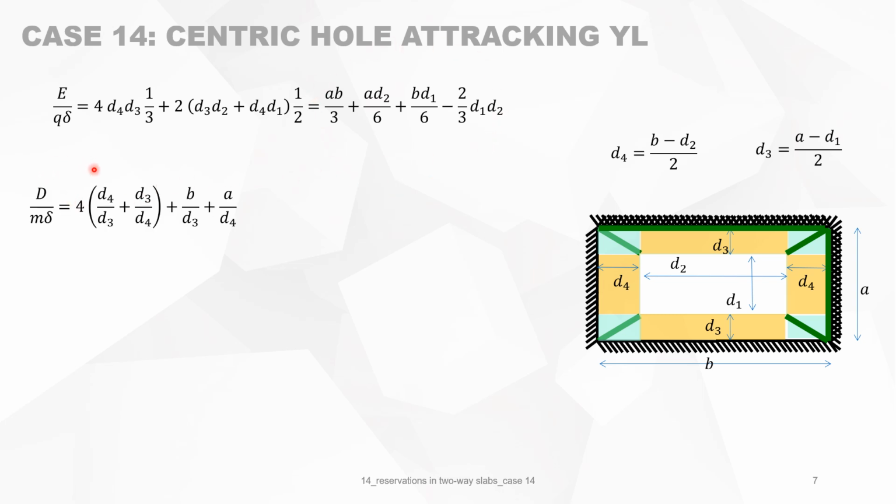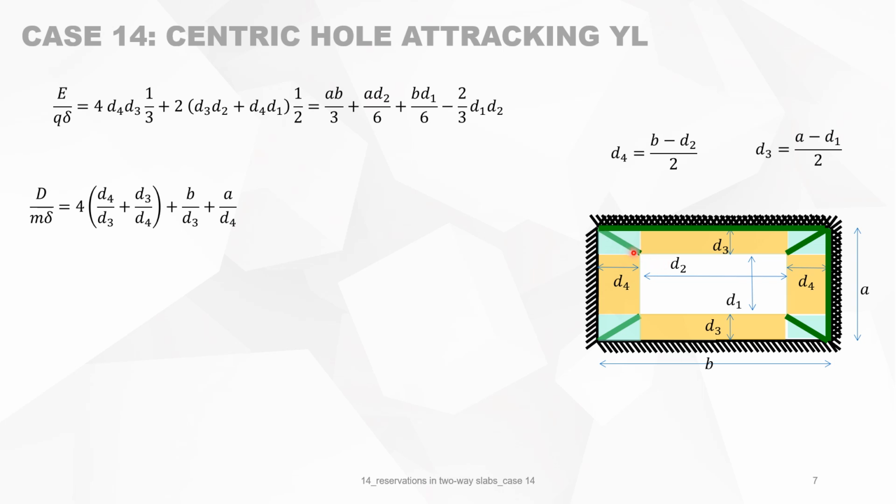The work done by the internal forces: the projection on this rotation axis of the yield line is B, and the maximum angle is theta over D3. So you have B over D3 for this line. This line here for the negative bending moment is A times delta over D4. And then we have the 4 corners.